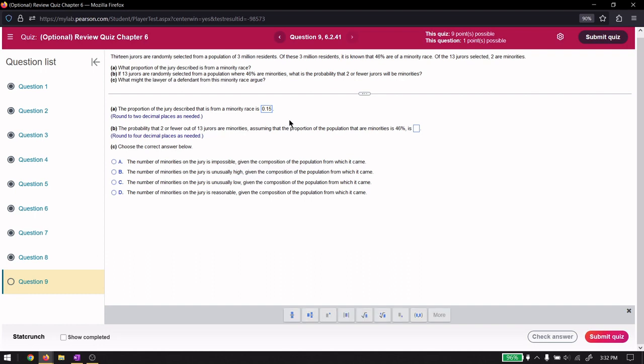The probability that 2 or fewer out of 13 jurors are minorities, assuming the proportion of population of minorities is 46%. So this is going to be a binomial experiment. And we're saying we have 13 trials, right? 13 selections out of this probability. And we're going to consider our success to be a minority. In other words, 0.46 is the success rate.